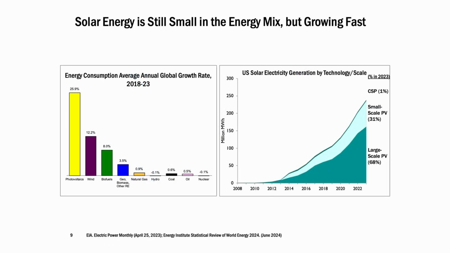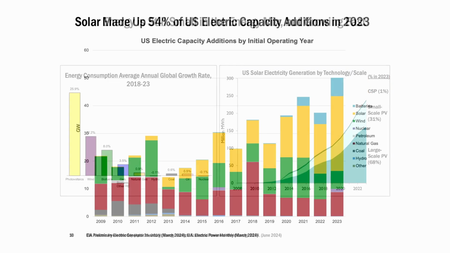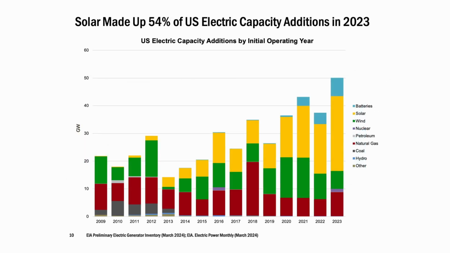But it's the fastest growing energy resource, both worldwide, as you can see in the chart on the left, that shows 5-year growth rates of different energy resources, as well as in the US, where you can see that we've gone from pretty much no solar electricity generation about 15 years ago to a significant amount, 5 to 6% today. And most new capacity that we're building today on the grid is solar capacity.